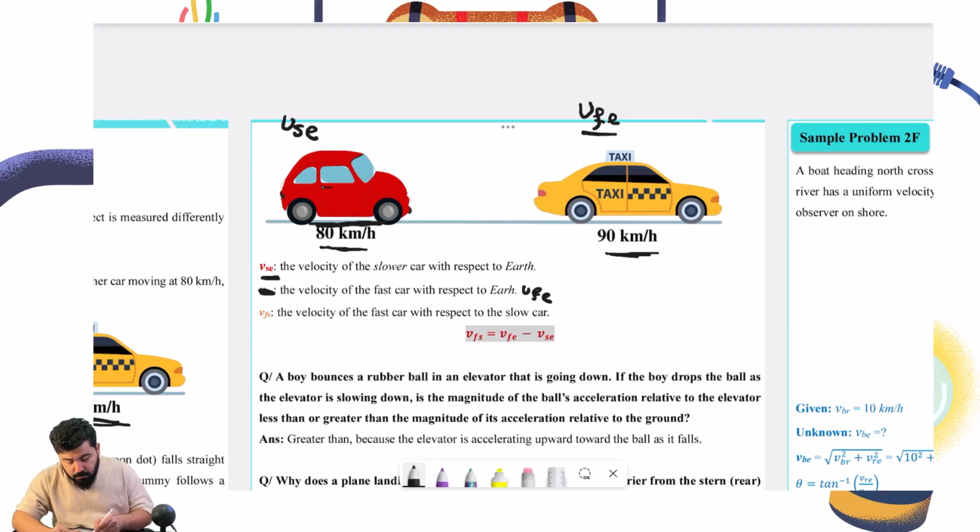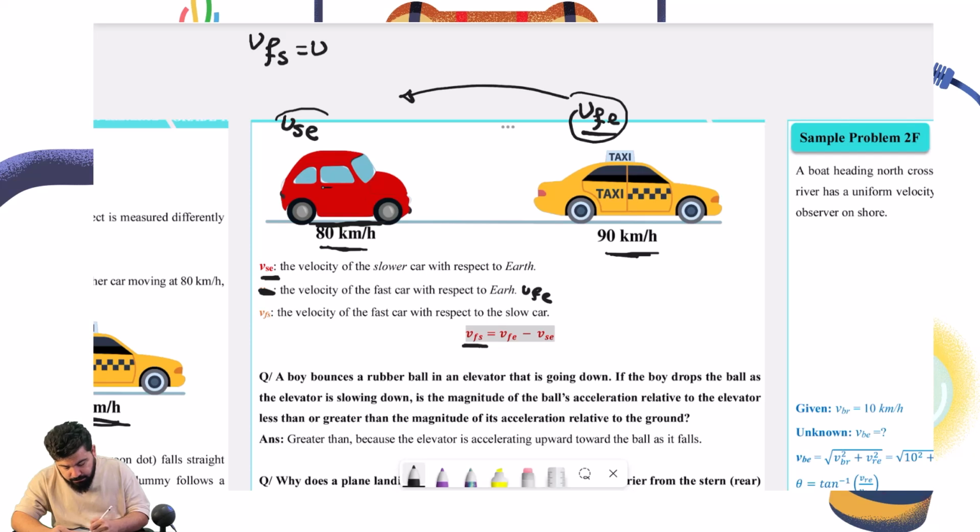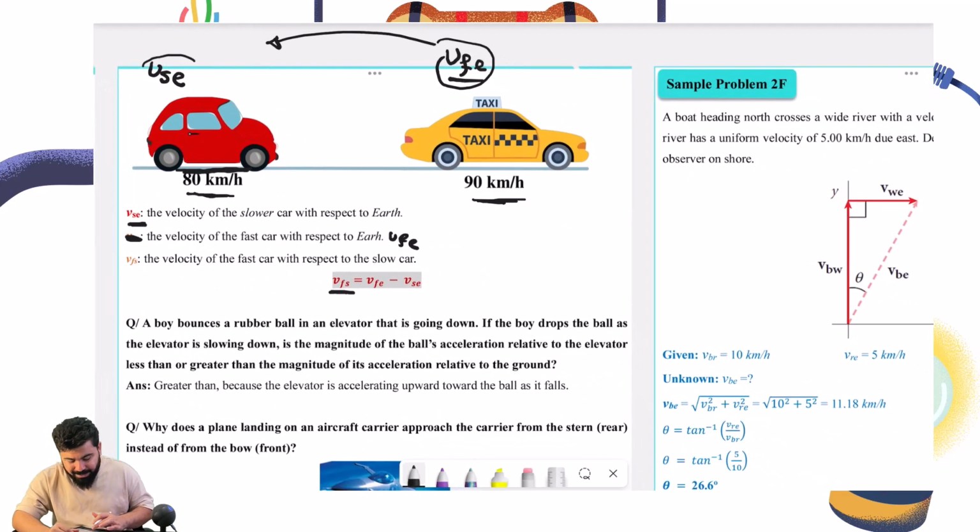Now, if I ask you what is the velocity of this car relative to the slow car, we have an equation for this. The velocity of the fast car relative to the slow car is equal to the velocity of the fast car relative to Earth minus the velocity of the slow car relative to Earth. I think this is the only thing that you need to know here.